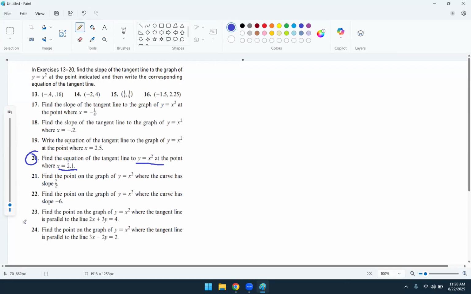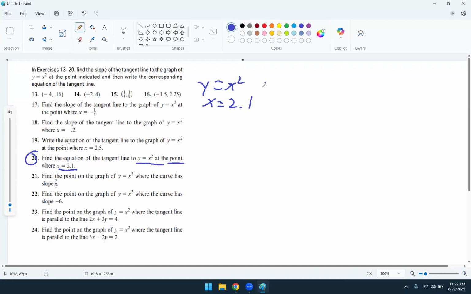You don't have to graph it, though you can. What you need to do is figure out what point that is. So y is equal to x squared, and you're told that x is equal to 2.1. That's our x coordinate.